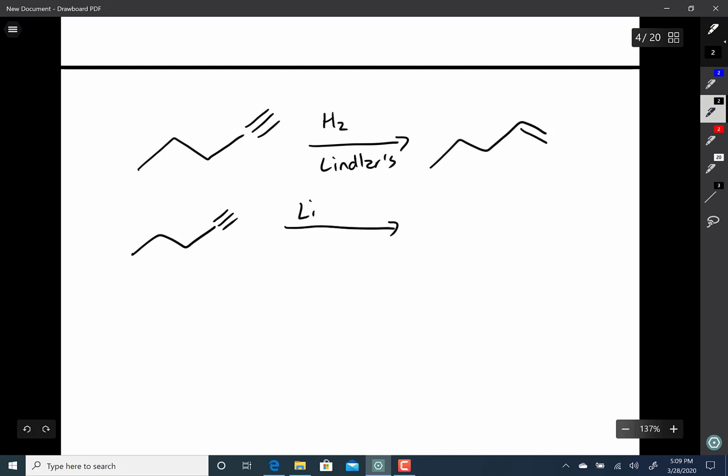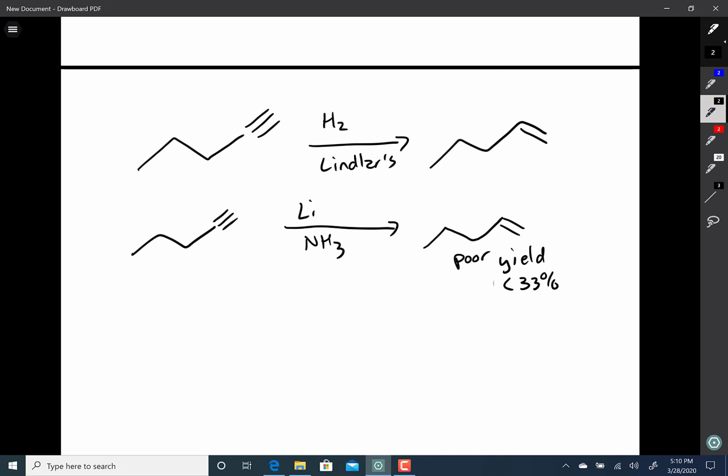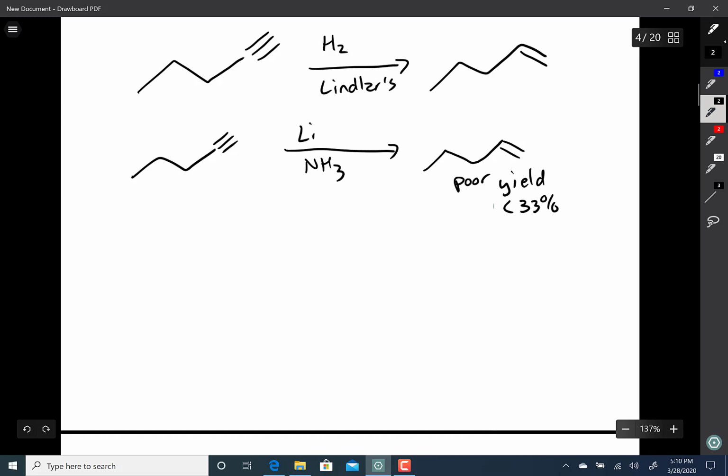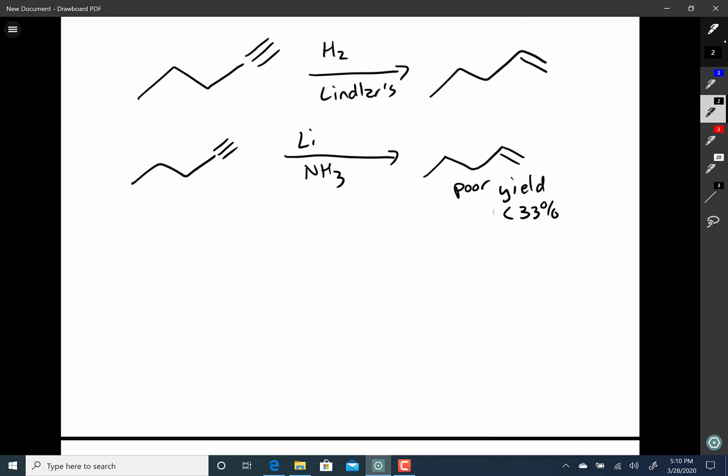If you use the dissolving metal reactions, you get a poor yield, typically less than 33% yield. And so that also is explained by the mechanism. So, without further ado, the mechanism of the dissolving metal reaction.